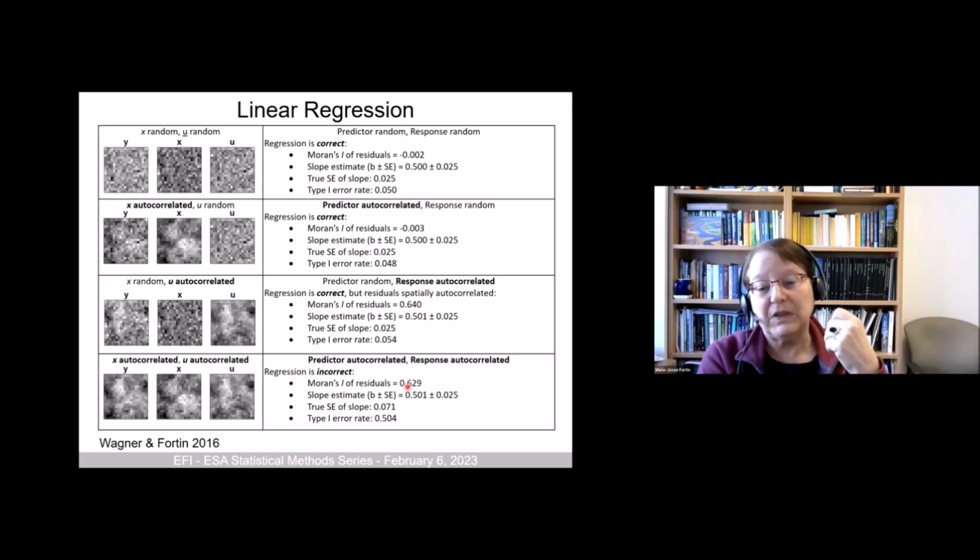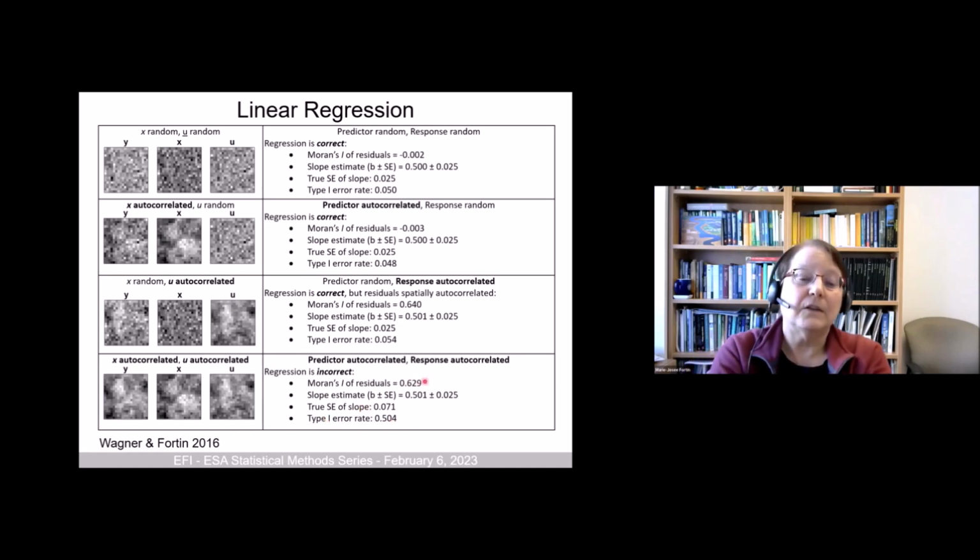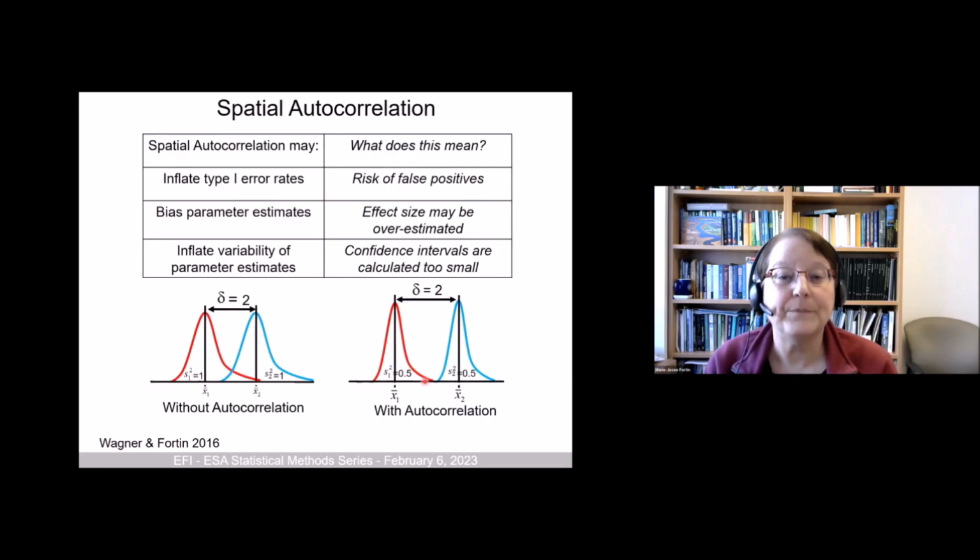So +1 would be a perfect match of pattern. So 0.6 is very strong autocorrelation. And then the type 1 error is through the roof. So this is a case where the regression would not be valid. So this is why we need to have other methods to analyze such a data set.